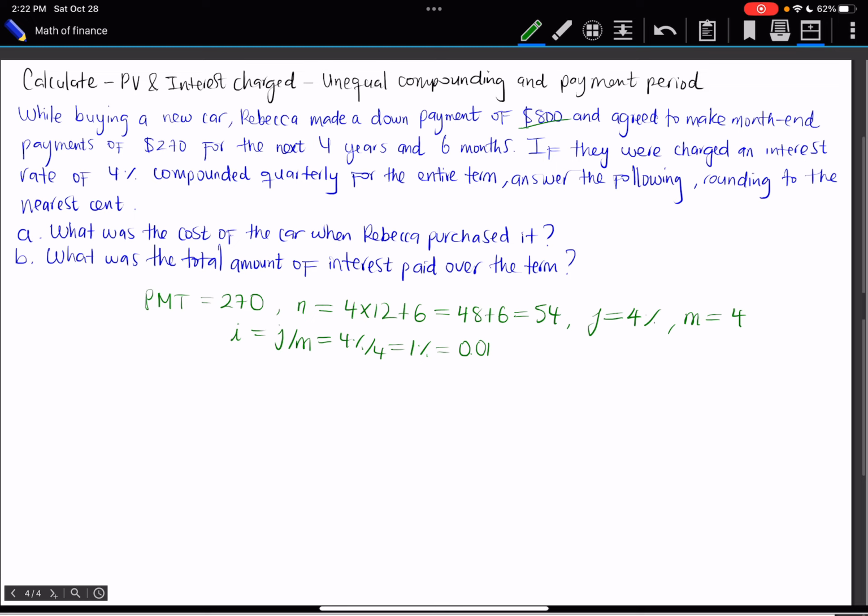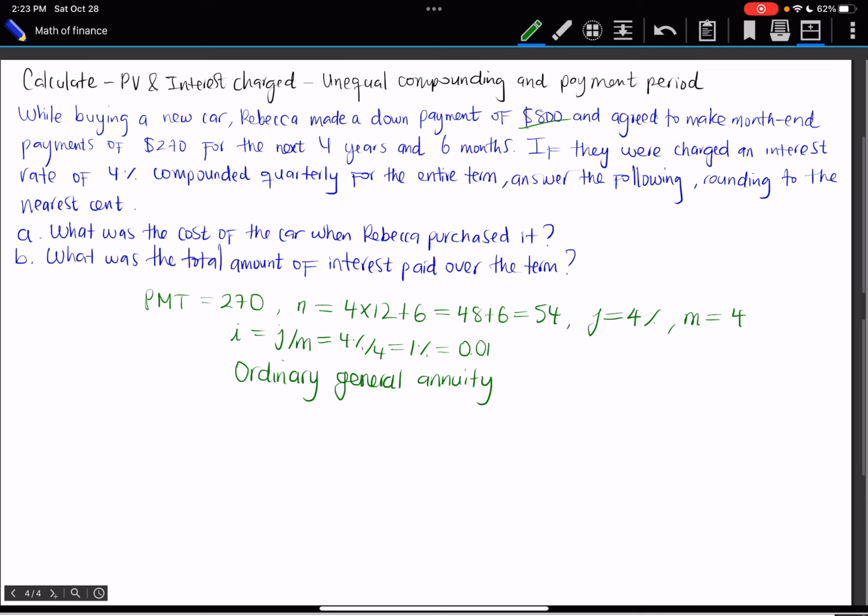The payment period is 1 month, but the compounding period is 3 months, because interest is compounded quarterly. So the annuity we're presented with here is an ordinary general annuity. So let's write that here, that we have an ordinary general annuity.